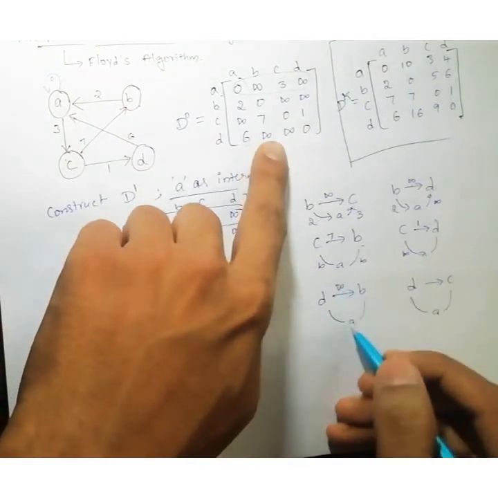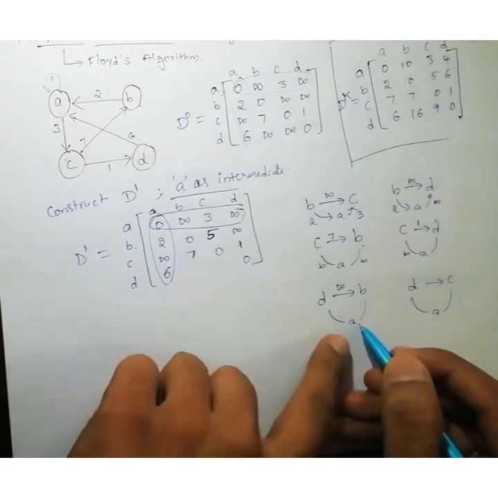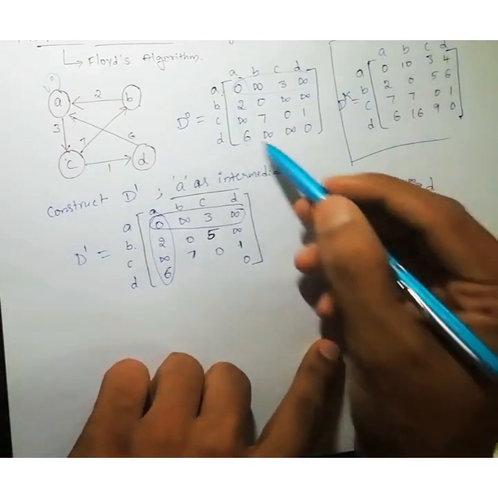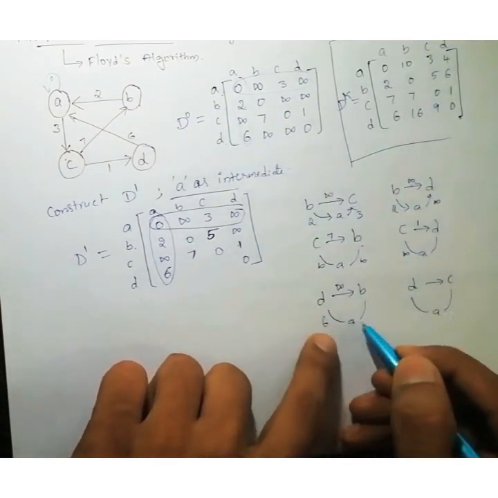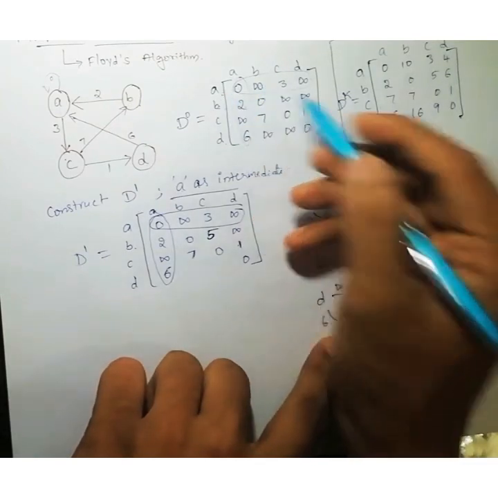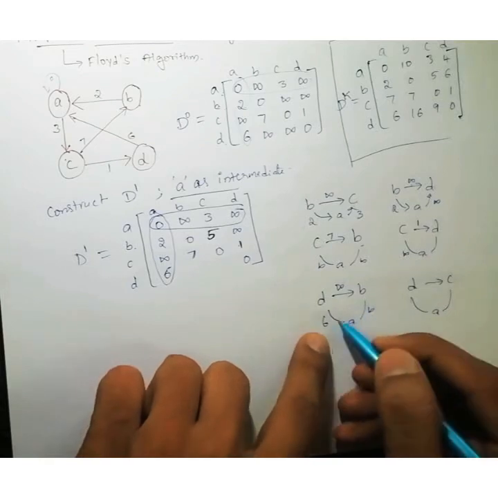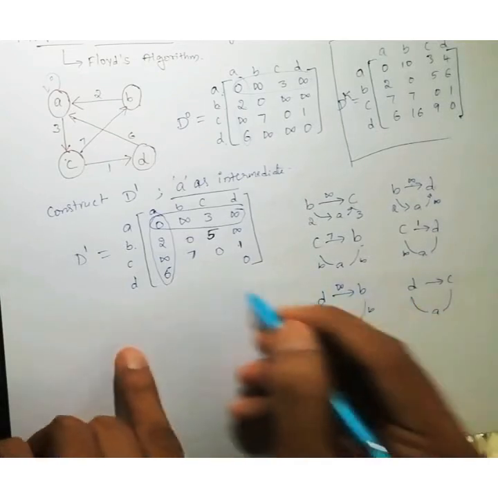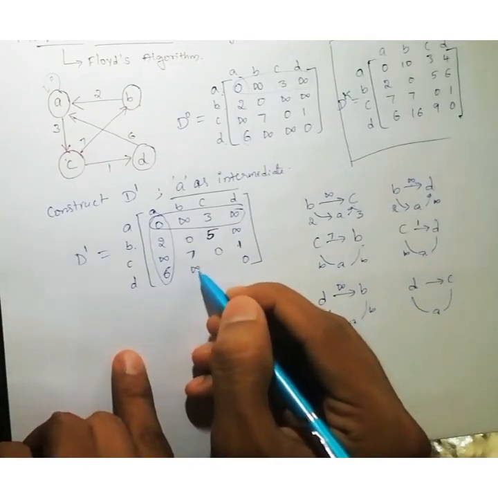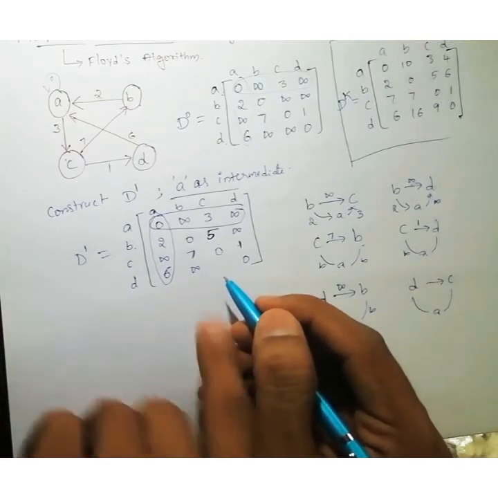Infinity, no direct edge. So by using the indirect edge, D to A, what is the value? 6. And from A to B, infinity. So infinity plus 6, infinity only. So which one is minimum, infinity or infinity? Infinity. So no change in the edge D to B.